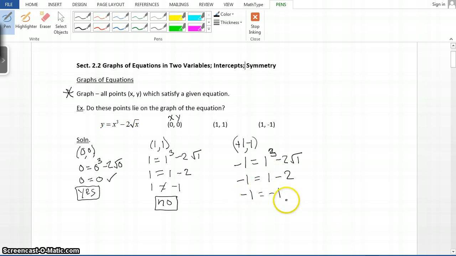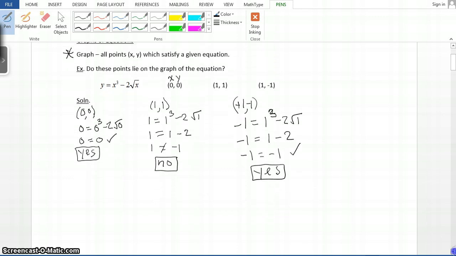Negative 1 equals negative 1. That checks. This is a yes. Alright, so 0, 0 lies on the graph of this equation. The 1, 1 does not, but 1 comma negative 1 does. So yes, no, yes.